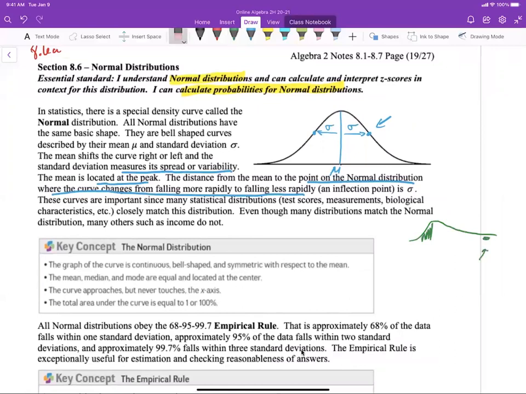And so that would be a situation where we do not have a normal distribution, all right? I'll let you read this, but I will say the total area under the curve is represented by 100% of the data. So the total area is represented by 100% of that data, okay?